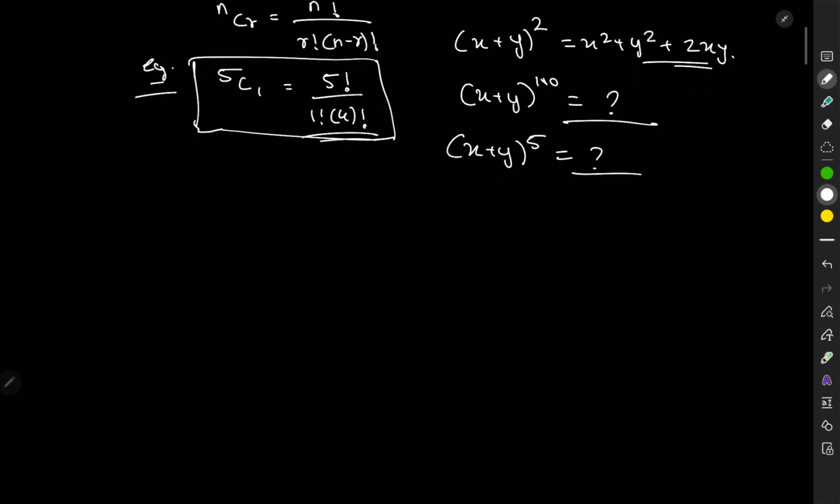So in this case only, we have discovered something called Pascal's triangle. So let's say we need to calculate x plus y to the power 4. How will we calculate? What Pascal's triangle says is, write 1 1 on each side.